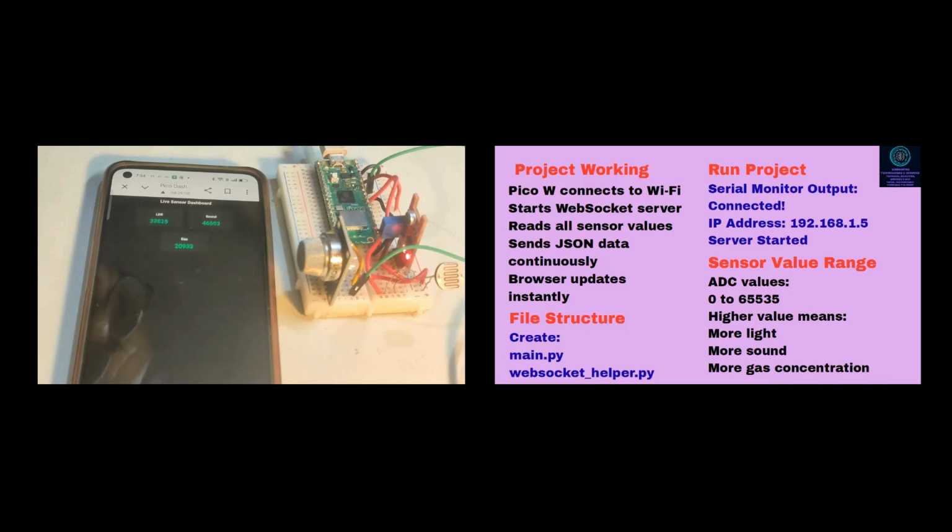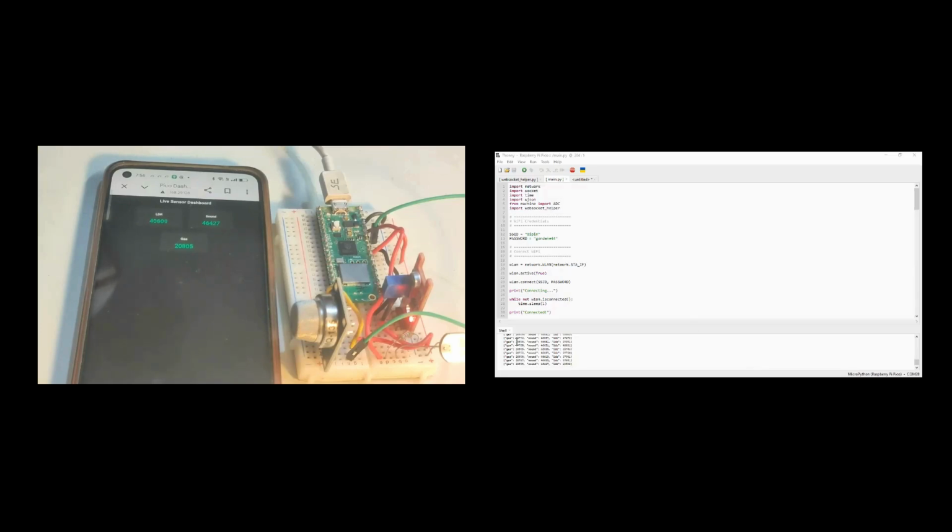A little new thing: using WebSocket, you can do projects. You can see here in the shell, all the readings are going on, which means it is running. When you initially start, there are two programs: one is main.py, which I'm in right now, and there is websocket_helper.py. I will be sharing this program with you.